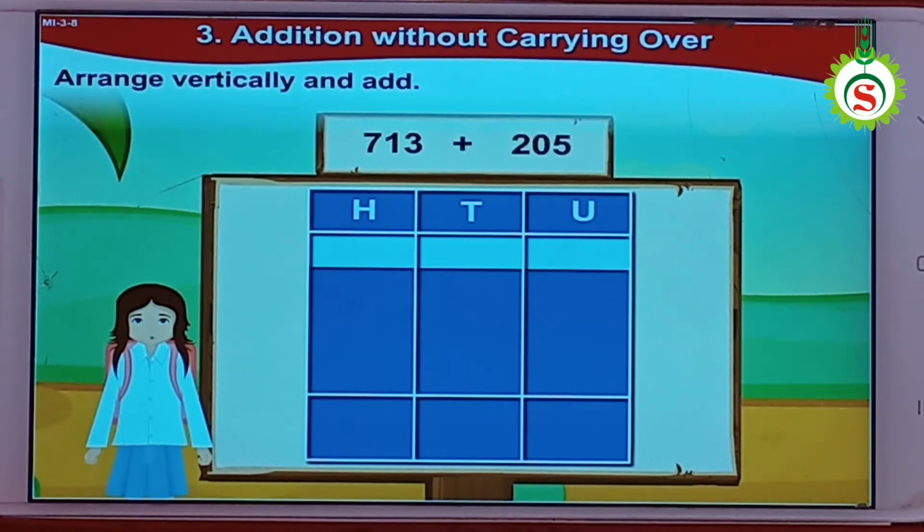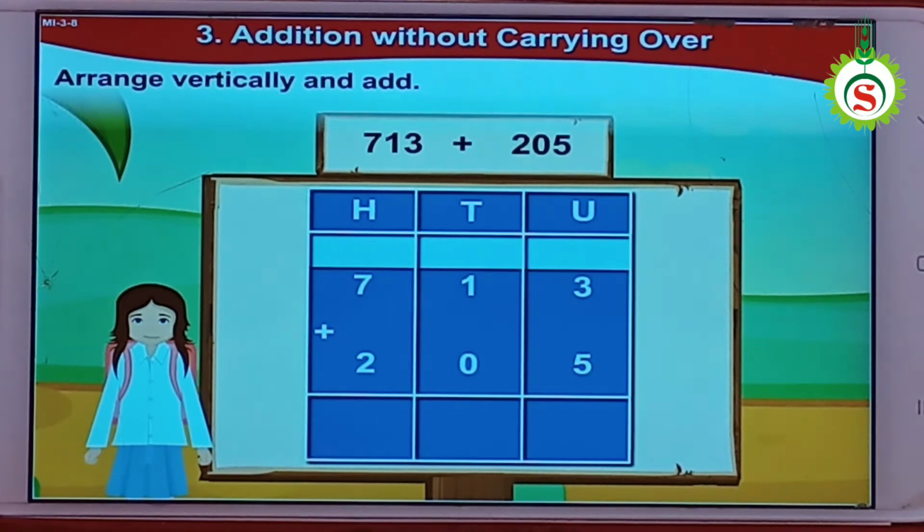713 plus 205. First we'll arrange them vertically. So we'll write HTU. 713 would be 700, 1 ten, 3 units plus 200, 0 tens, 5 units.